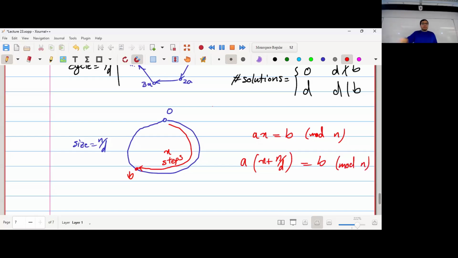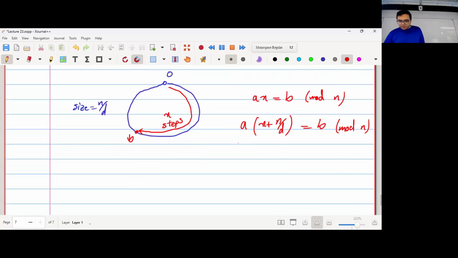But I can take my X steps and then I can go 2 rotations around the cycle or 3 rotations around the cycle or as many rotations as I want. So in general, I can say A times X plus any number T times going the cycle is going to be equal to B modulo N. But how many different values can this T take?